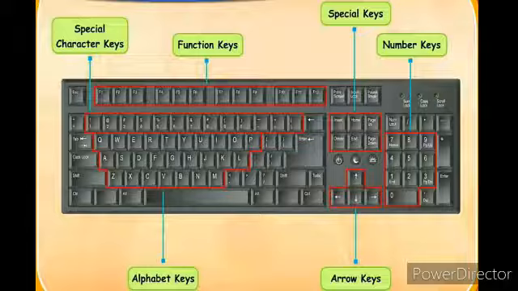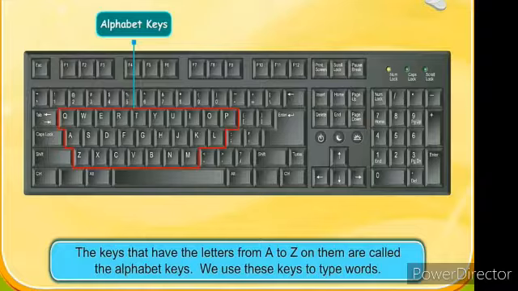First of all, we are going to discuss the alphabet keys. The keys that have the letters from A to Z on them are called the alphabet keys. We use these keys to type words.